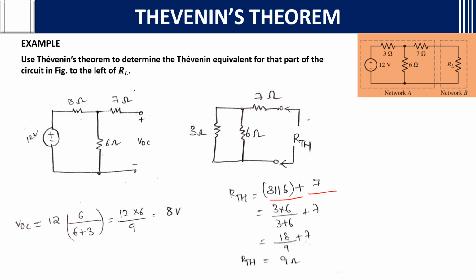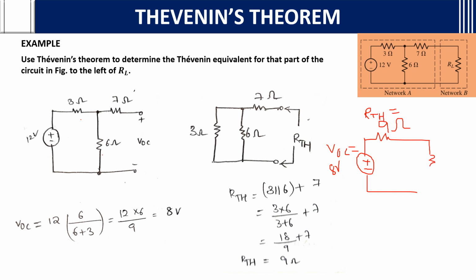After calculating this, we need to write the 8 volt source in series with 9 ohms. This is the Thevenin equivalent. This is VOC or VTH, and this is RTH, the Thevenin resistance.